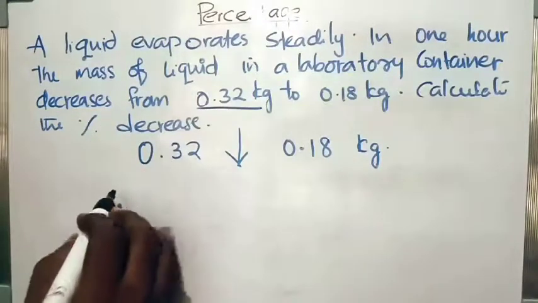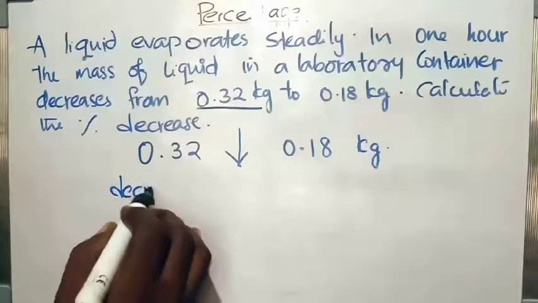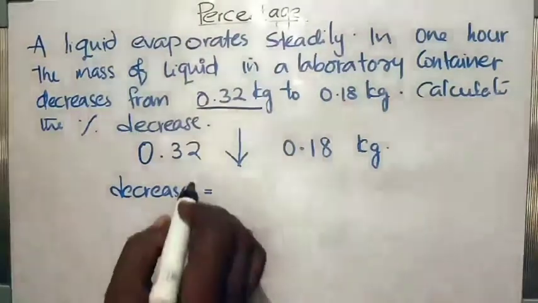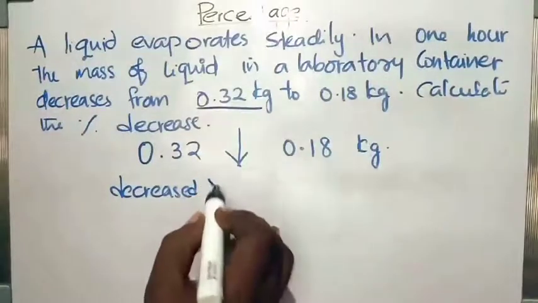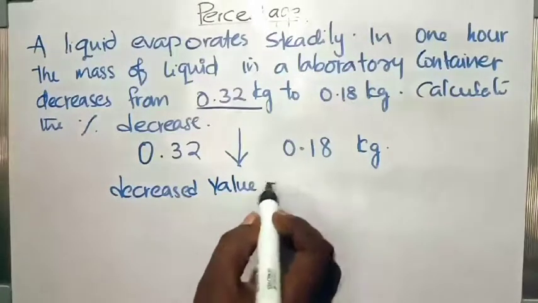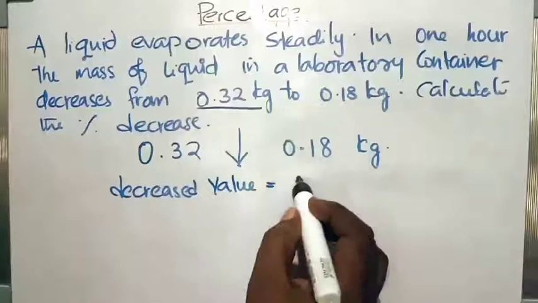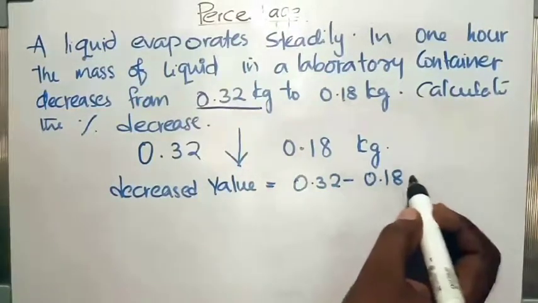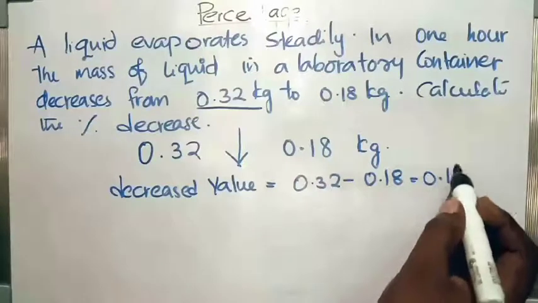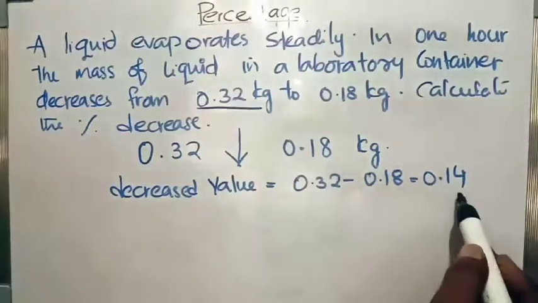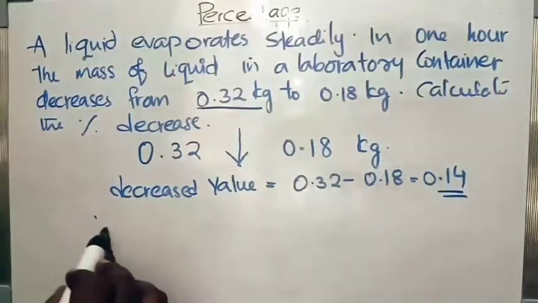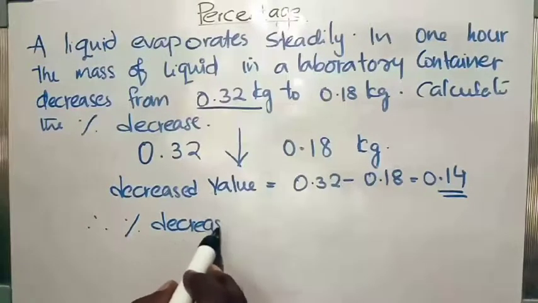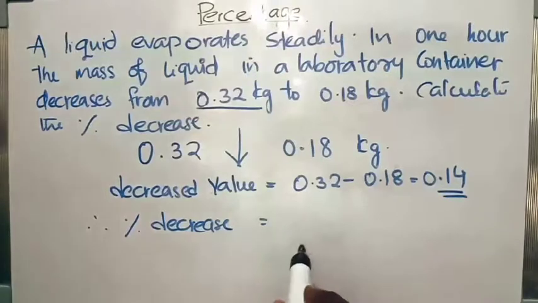Before finding the percentage of decrease, let's find the decreased value. The decreased value is the difference of these two values. That is 0.32 minus 0.18, which is 0.14. This is the decreased value. Therefore, percentage decrease, what is the formula for percentage decrease?